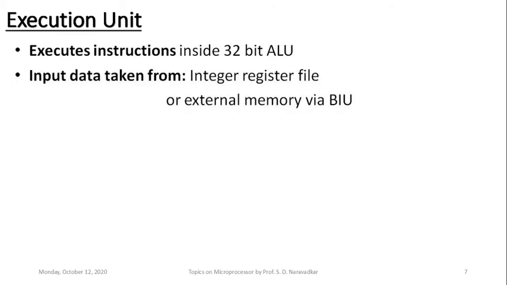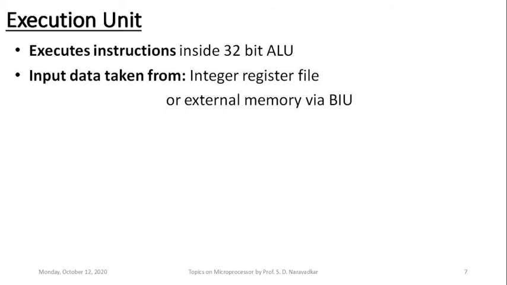Now during the execution of the instruction, where is the input data taken from? That input data is taken from the integer register file within the execution unit itself, or the data can be taken from the external memory by requesting the BIU to receive that particular data.